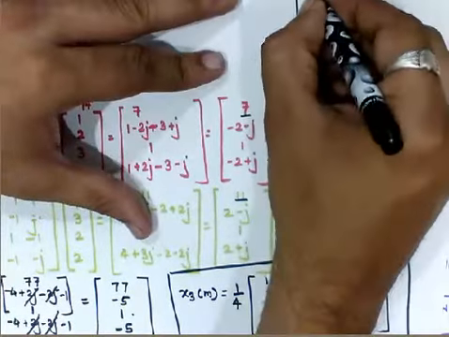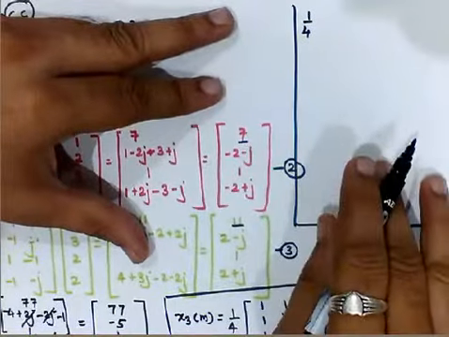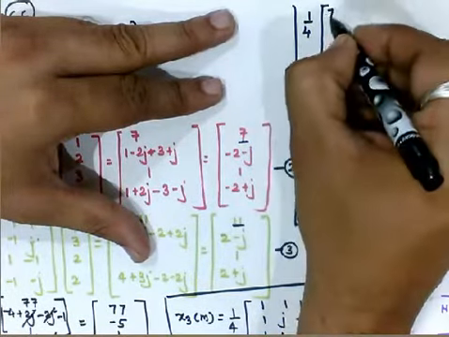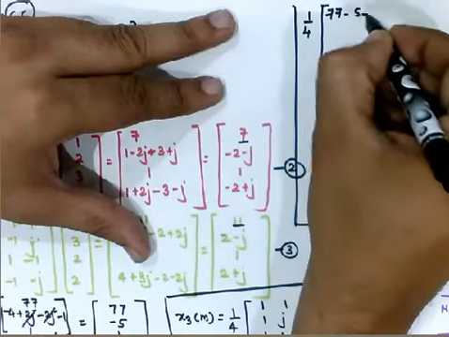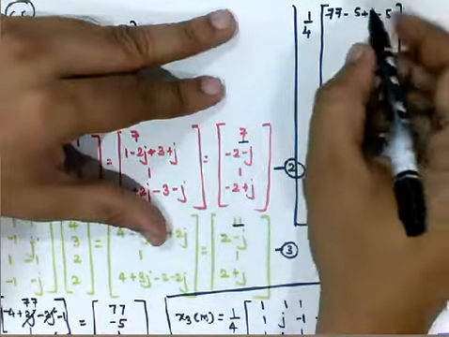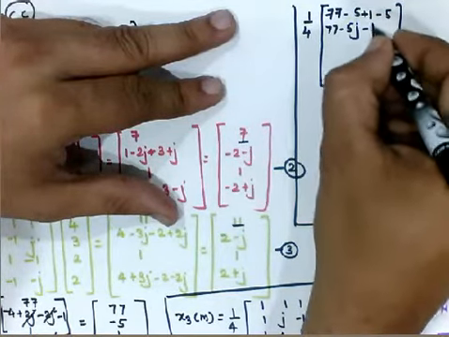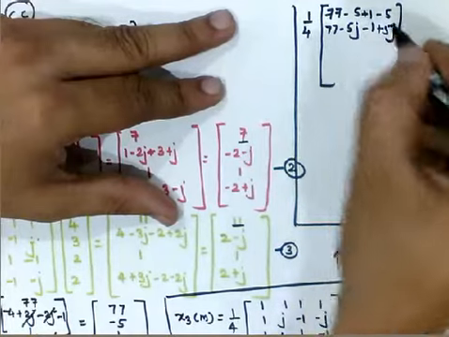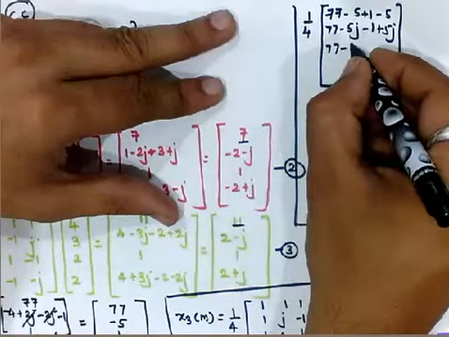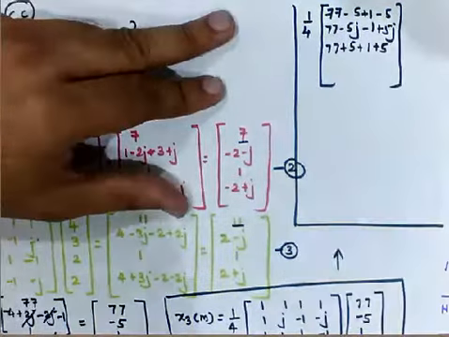So this will result in 1 by 4 into 77 minus 5 plus 1 minus 5. After solving it, this is 77 minus 5j minus 1 plus 5j. Next is nothing but 77 plus 5 plus 1 plus 5.